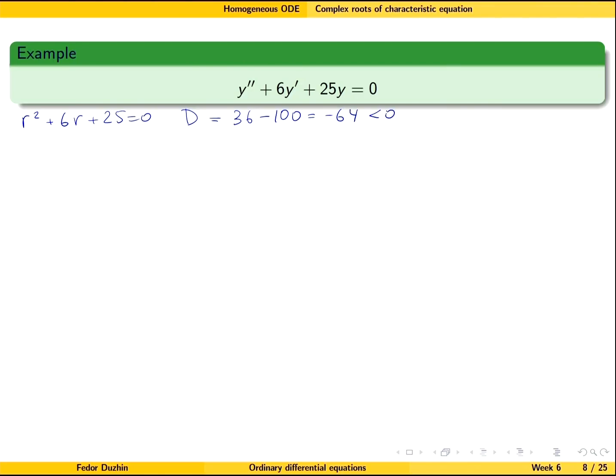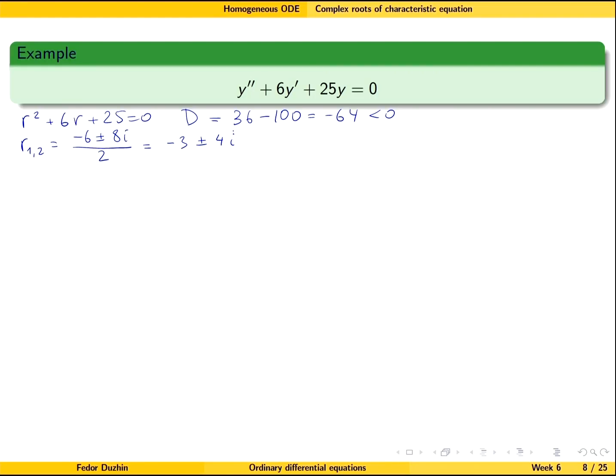So we have a negative discriminant, which means that the roots are complex. The roots are minus 6 plus minus square root of the discriminant, which is 8i, divided by 2. So this is minus 3 plus minus 4i. Right? So these are the two complex roots of the characteristic equation.